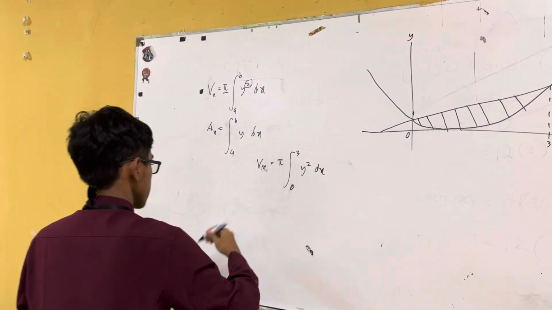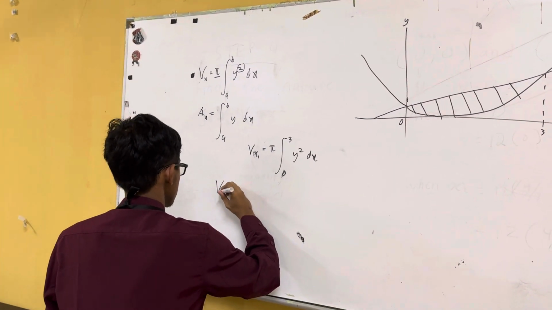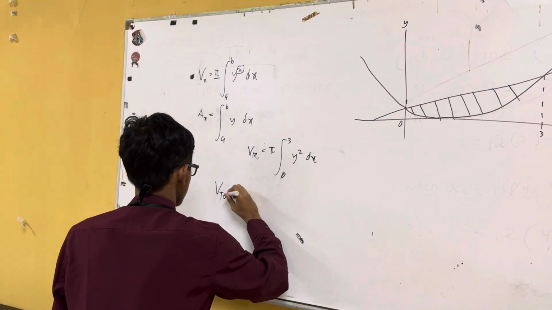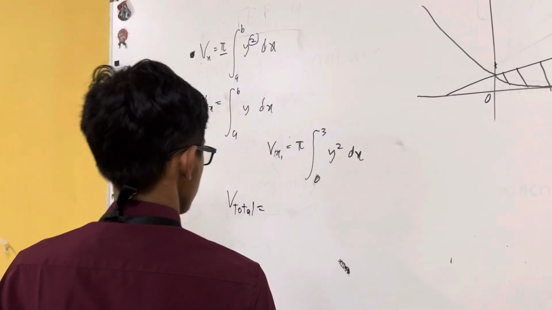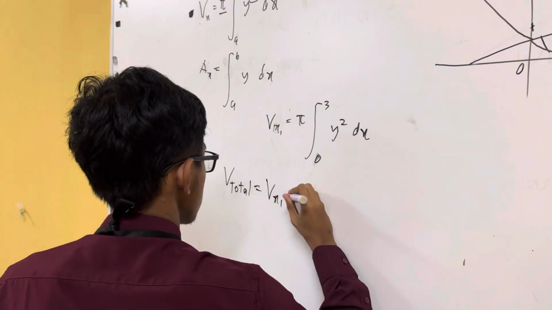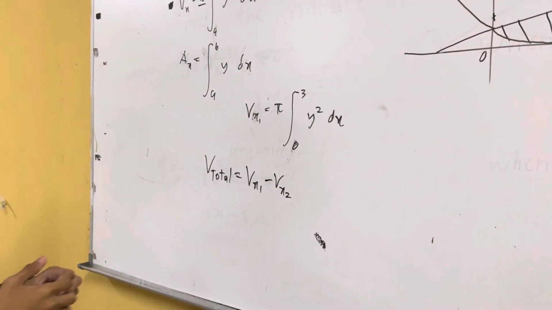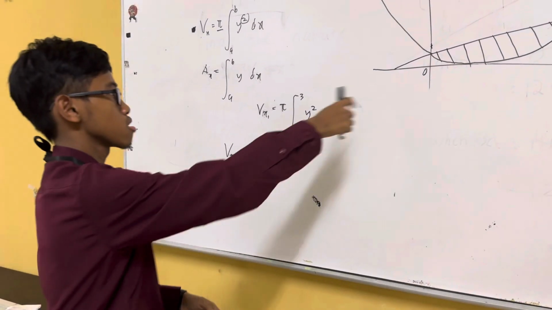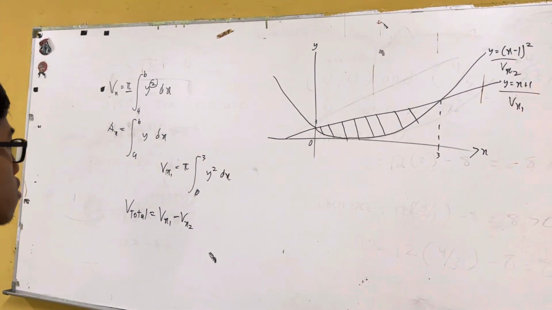And now, after we get the volume values, we just need to calculate the total volume for the shape. So Vx1 minus Vx2. This depends on which type of question we get.